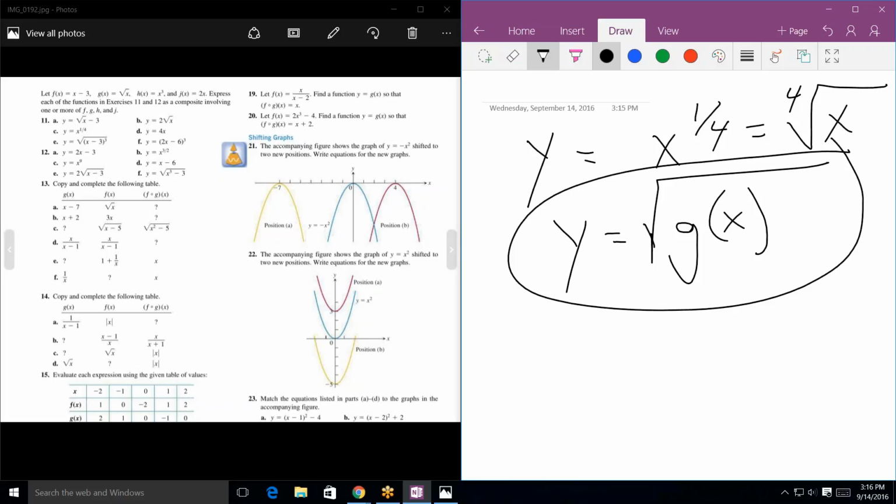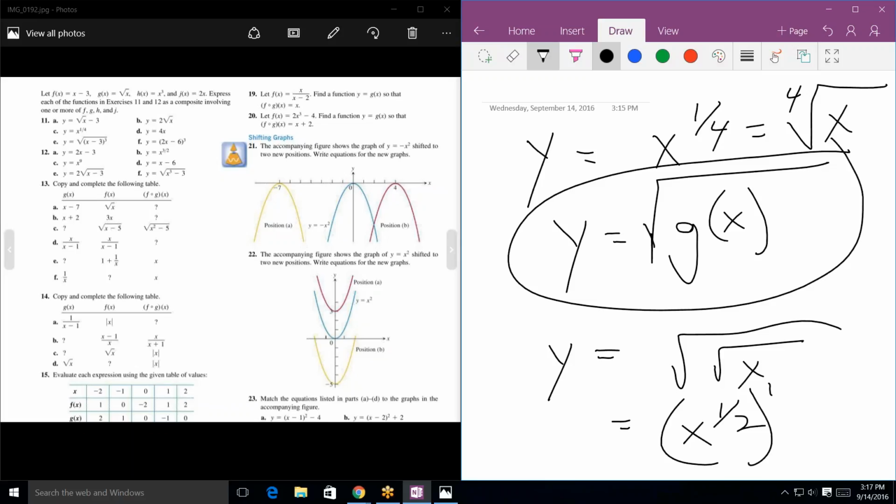Since g of x is the square root of x, well, what would the square root of the square root of x be? Well, that would be x to the 1/2 times 1/2, which is x to the 1/4, which is what we're looking at in C. So it's the square root of g of x.